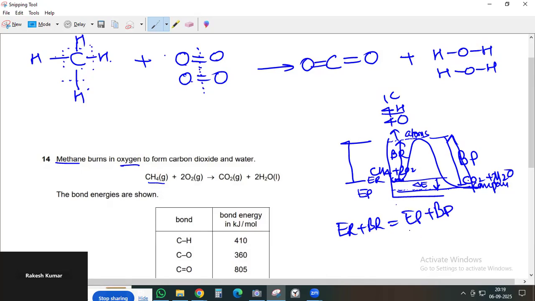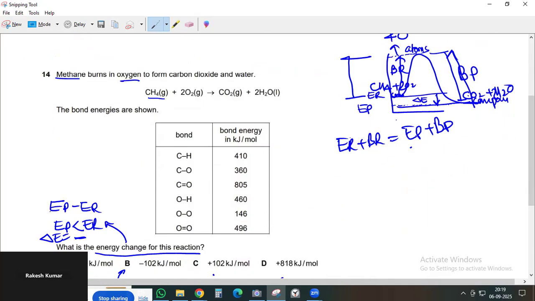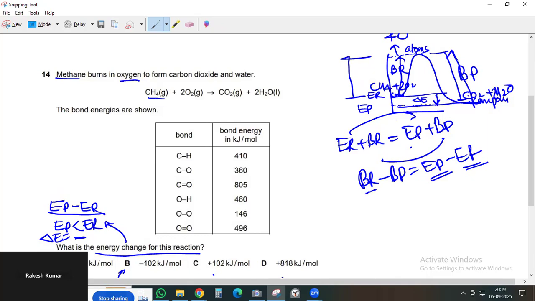That means if I have to do EP minus ER, I take this to this side, and BR minus BP is equal to EP minus ER. So either I know the energy of the products and the reactant, or I know the bond breaking energy of the reactant minus the bond forming energy of the product.